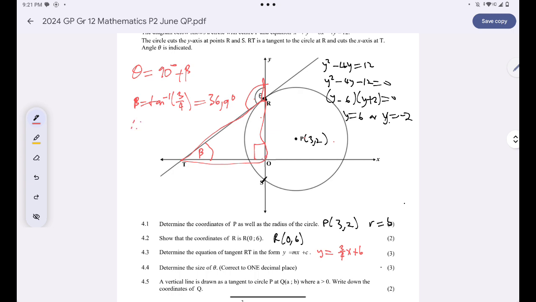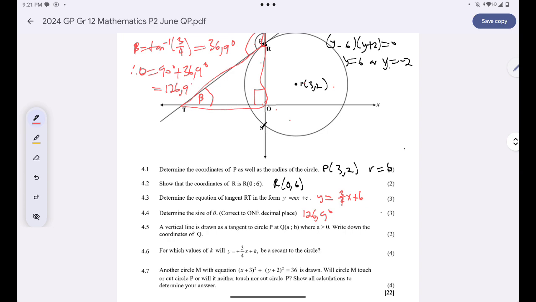So therefore theta will be 90 plus 36.9 degrees, which will be 126.9 degrees. Yeah. So theta is just 126.9 degrees.